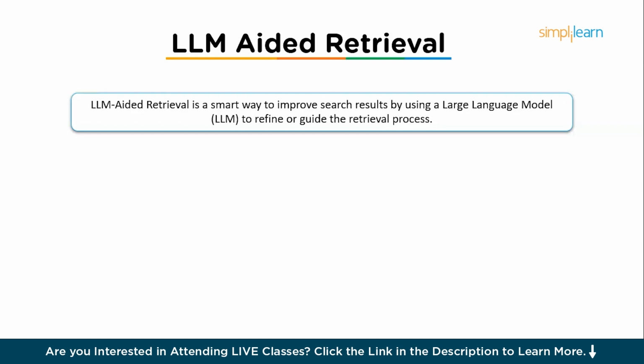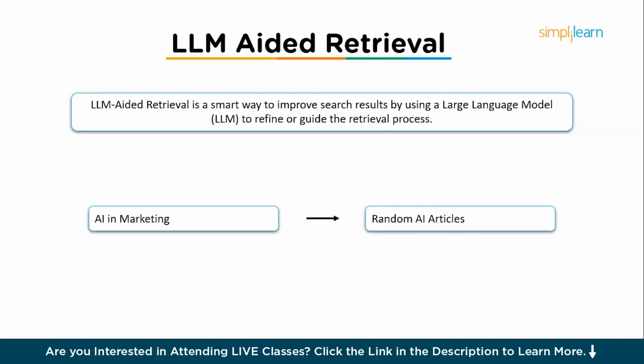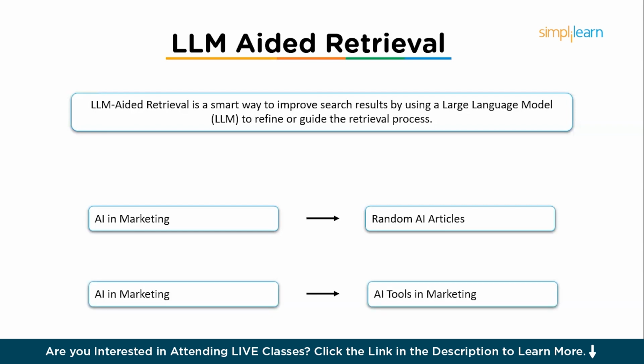For example, without LLM Aided Retrieval, a search for AI in marketing may retrieve random AI articles. But with LLM Aided Retrieval, the LLM understands the intent and retrieves specific articles on AI tools for marketing. It is used to improve accuracy by refining search queries, reduces irrelevant results, and improves retrieval quality. It works well with RAG, that is retrieval augmented generation.